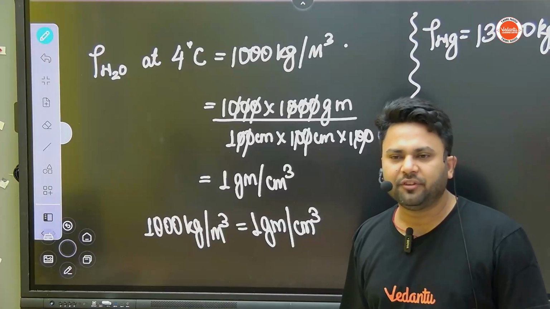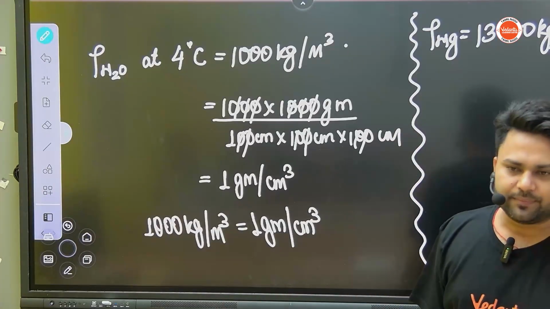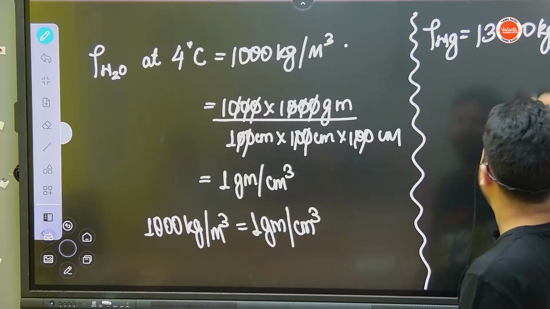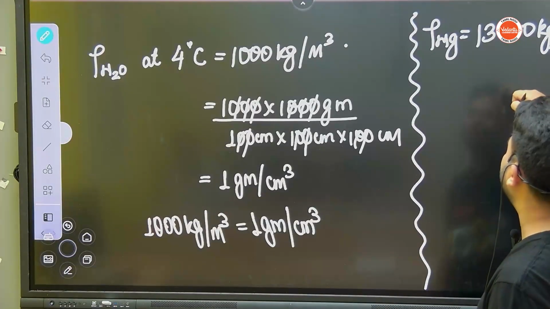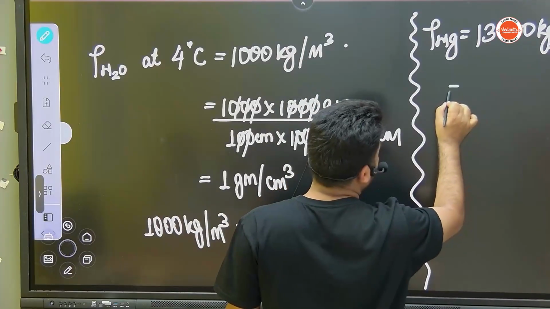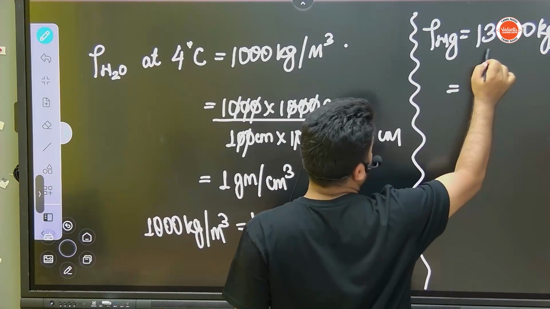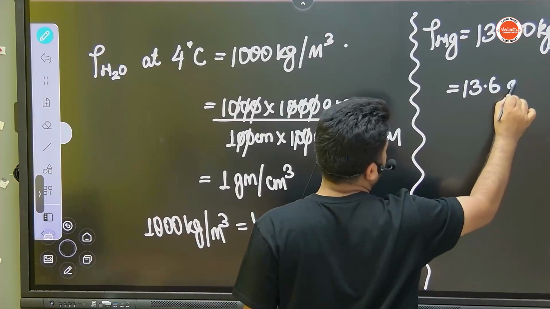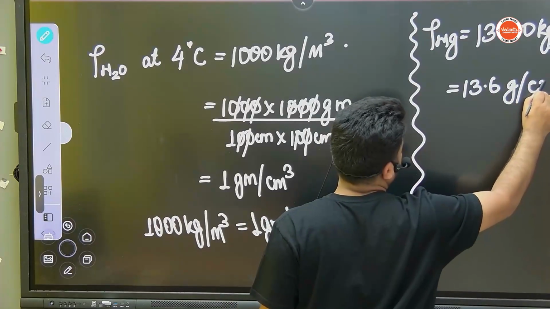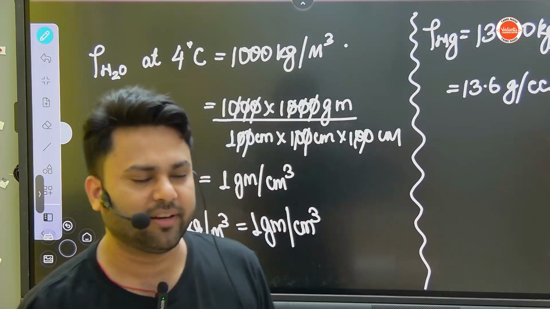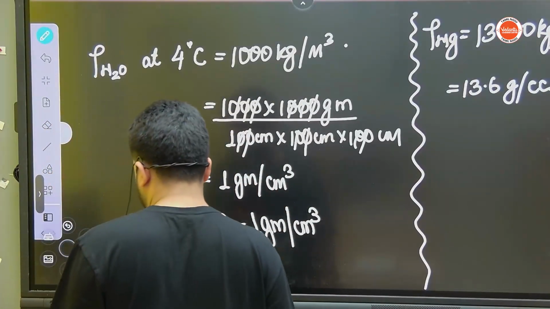So what we have to do is divide exactly by 1000. Here the density of mercury is 13600 kg per meter cube. If they ask what is the density of mercury in gram per cc, divide by 1000 and you get 13.6 gram per cc. Again I am saying, divide by 1000 and you will get the density in gram per cc.